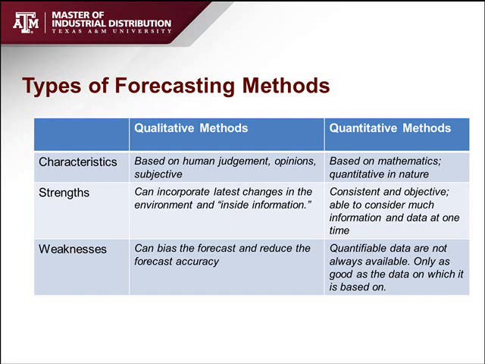Qualitative methods are usually very quick to incorporate latest changes in the environment. Perhaps you just learned that Congress is going to pass a new law, and then you will basically act on it immediately. On the other hand, all the quantitative models are objective and able to consider much information and data at one point.